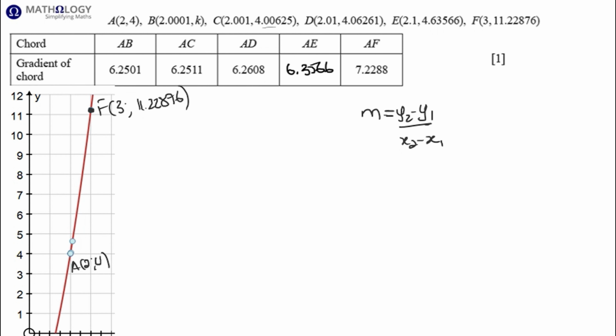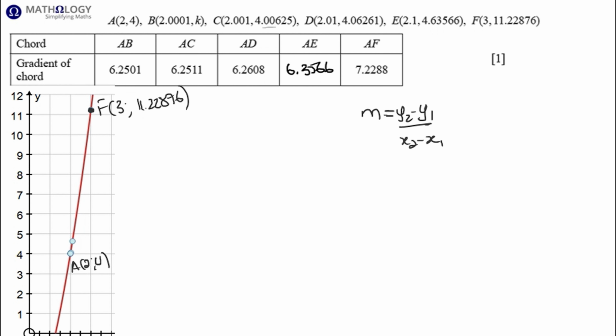So as F approaches A, the gradient of the secant AF will approach the gradient of the tangent at point A to the curve. So you can clearly see that the gradient of AF is 7.2288. Then as F approaches point E, the gradient of AE is 6.3566.